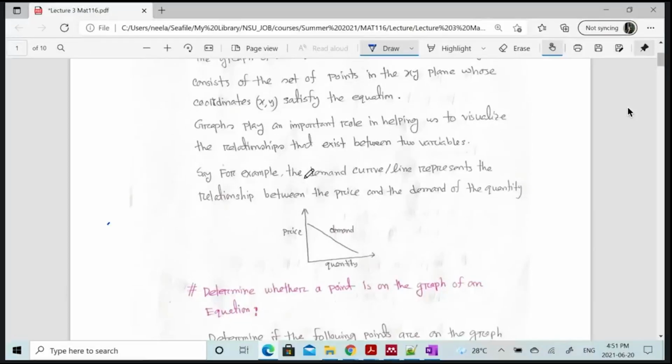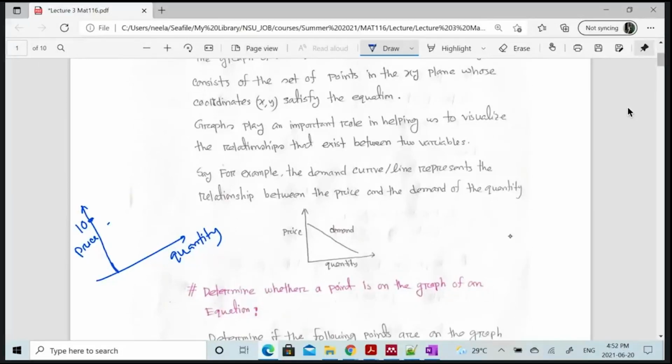But here we have an example. The demand curve represents the relationship between the price and the quantity demanded. Say our y-axis represents price, and the x-axis represents quantity of a product. When the price is high, say 10, the quantity here is 0, because I don't want to buy some stuff for $10.